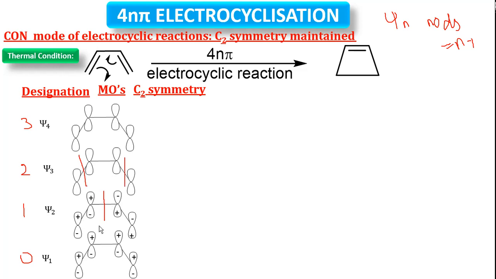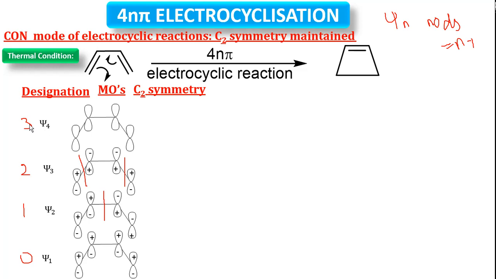Start with plus, a node is present, therefore here we get minus. By default the bottom side gets plus. Then no node, so minus continues; a node is present, so here we get plus. By default we get a negative sign at the bottom.